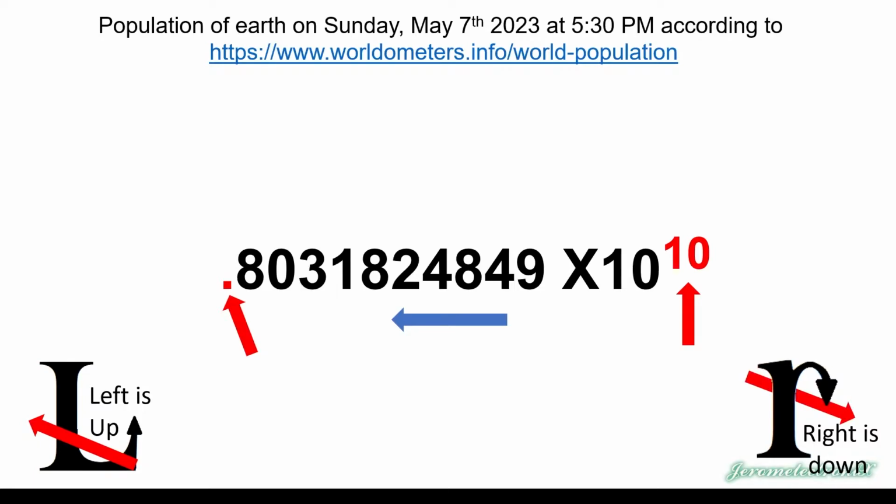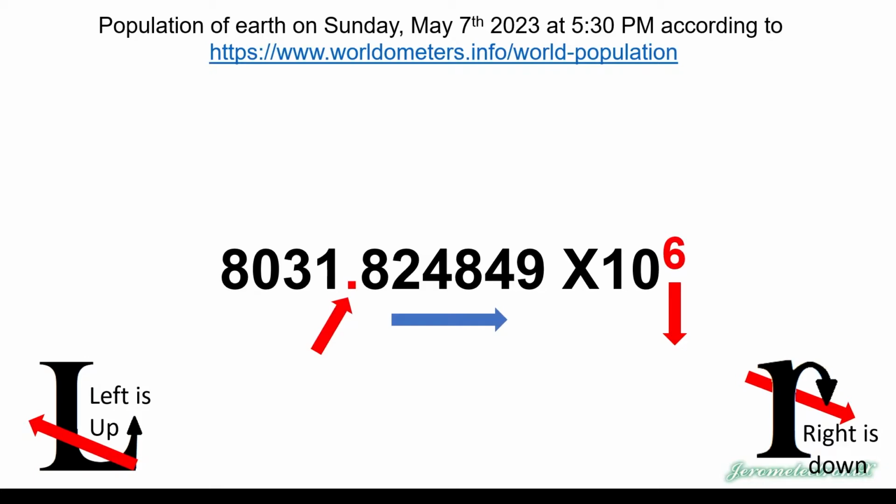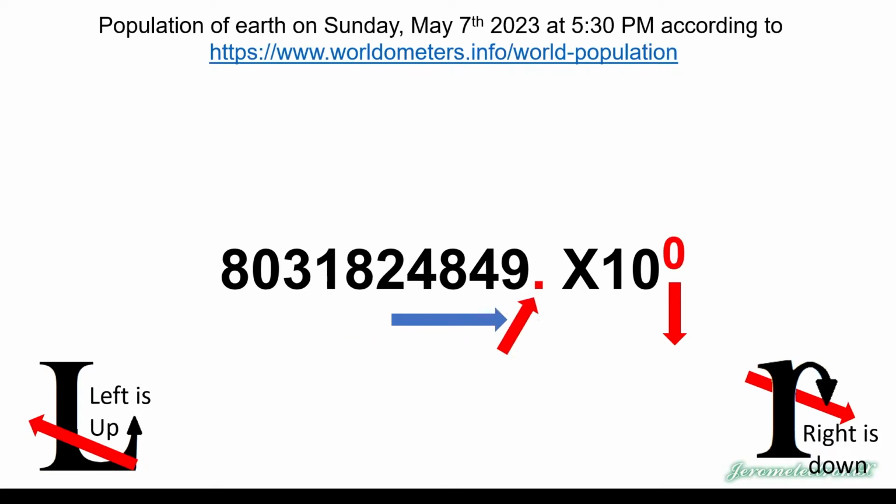So we can indicate that with a downward pointing R, or also with a downward rightward pointing arrow. Anytime we move the decimal to the right, the exponent goes down by 1.